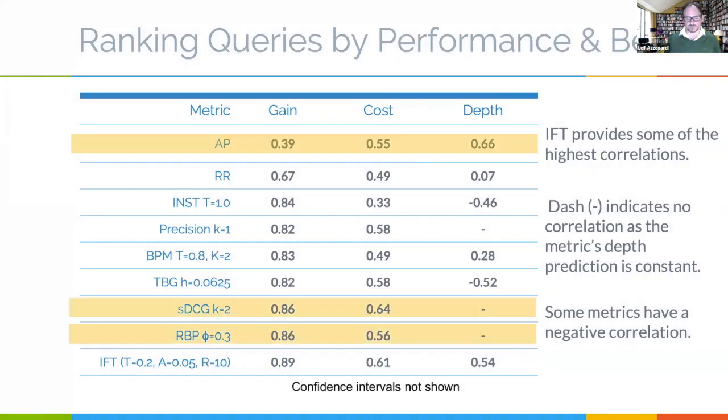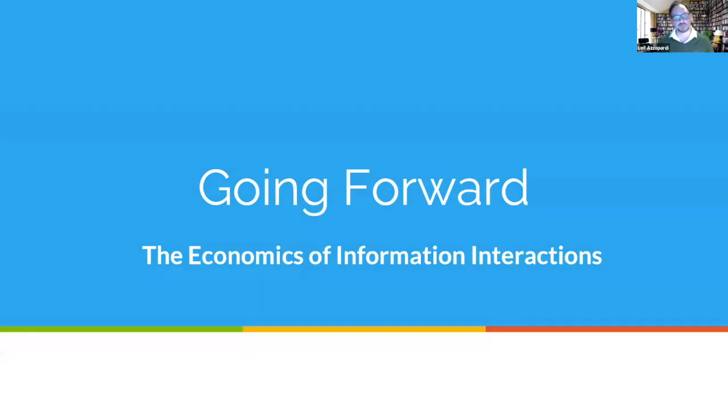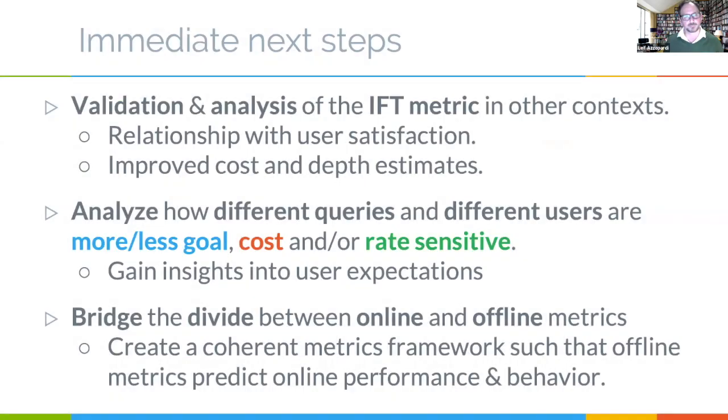So I'll just conclude about going forward with these economics of interactions. Clearly, developing these metrics or putting this economic user into them still requires more validation and analysis in terms of whether it actually matches up with user satisfaction. It does allow us to predict the costs and gains better.